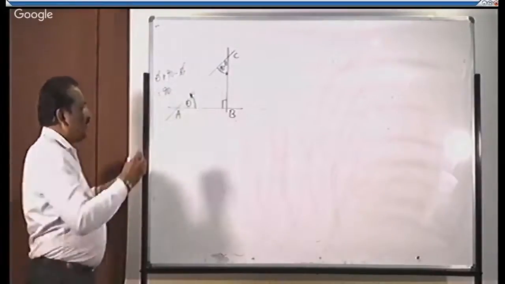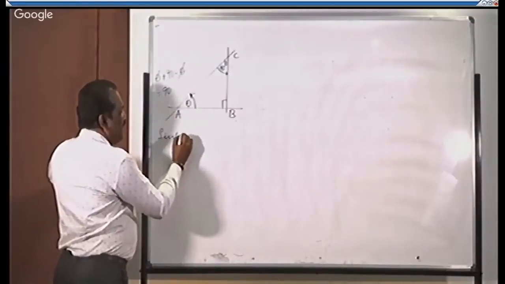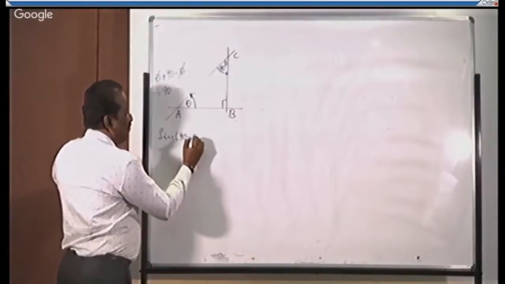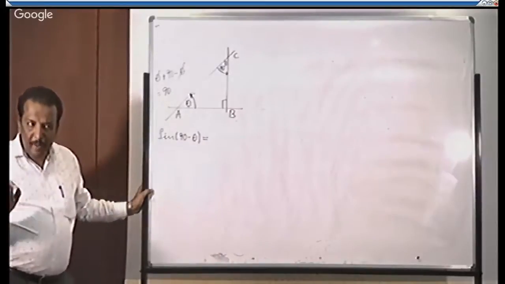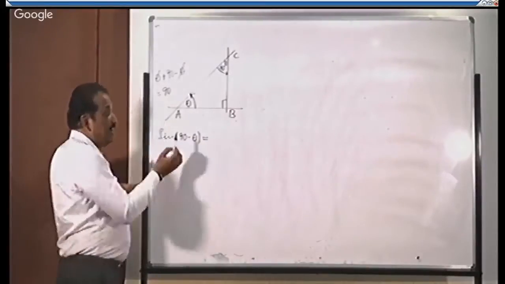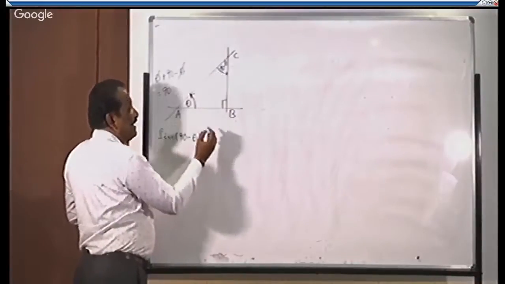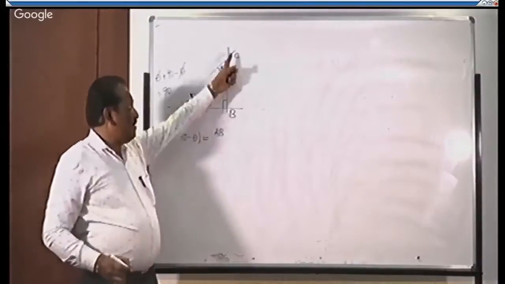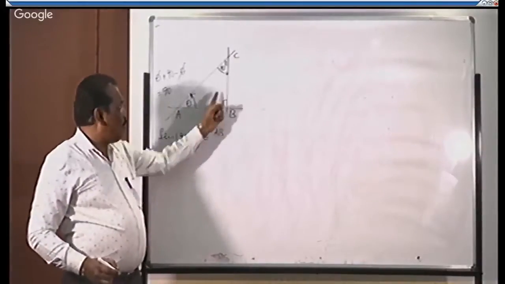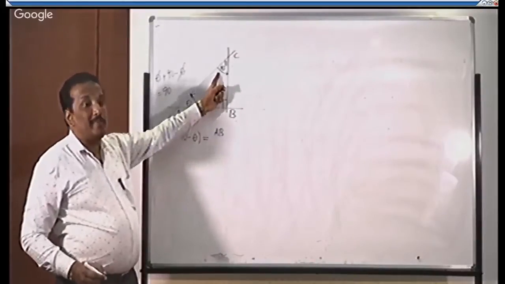So let us start our discussion with sine of an angle. Sine of 90 minus theta. Sine is the ratio of opposite to hypotenuse. Opposite to which angle? 90 minus theta. For this angle, the opposite side is AB. Please try to understand: BC is the side opposite to theta, and AB is the side opposite to 90 minus theta.